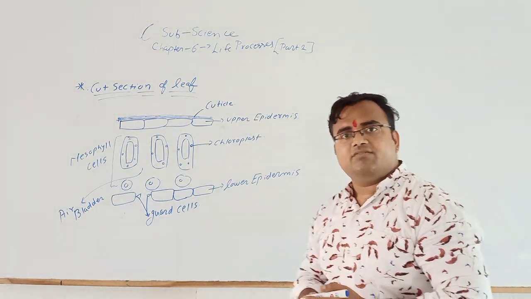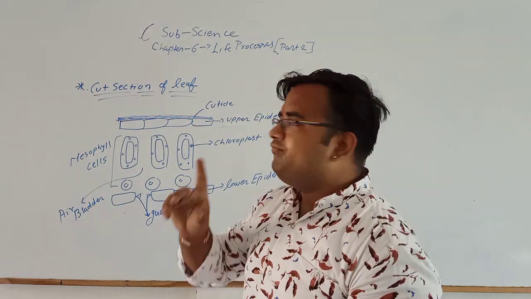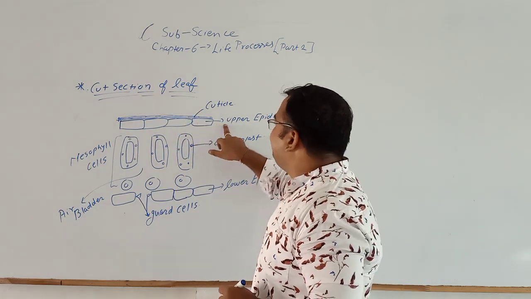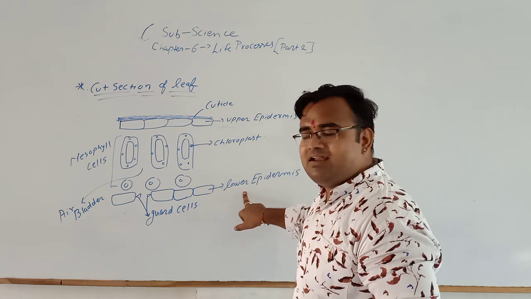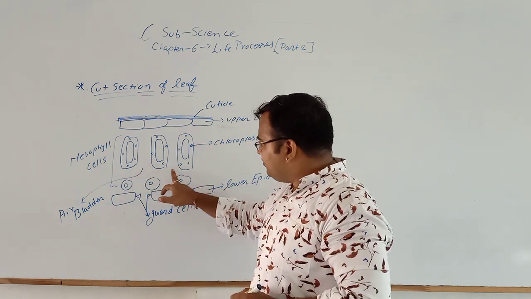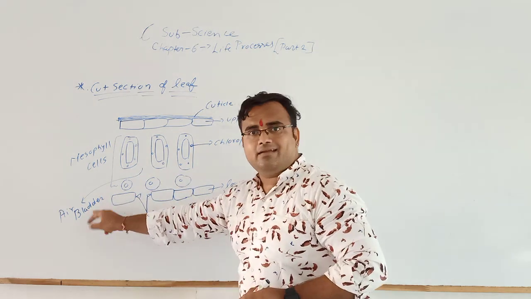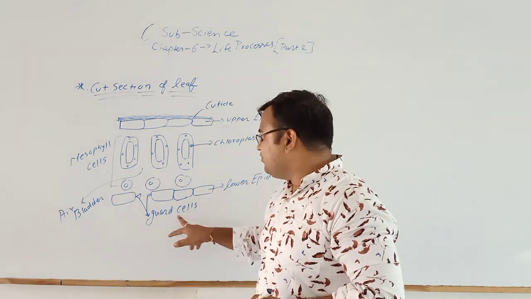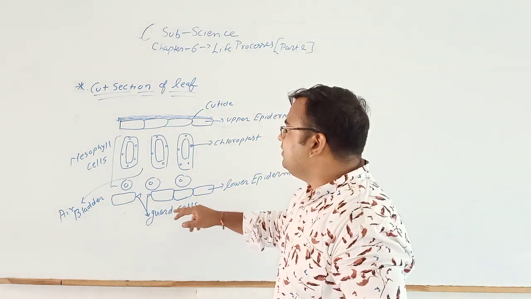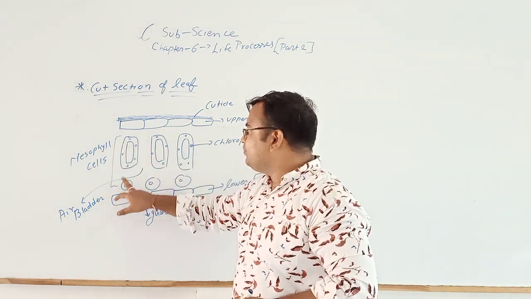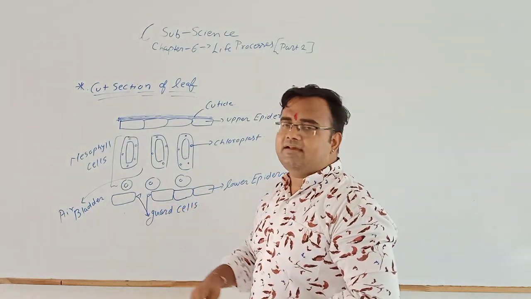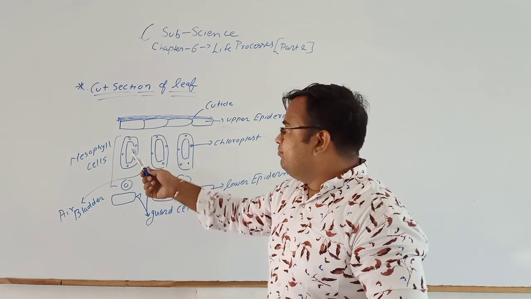So this is the diagram for the cut section of leaf. First cuticle, then upper epidermis, lower epidermis, mesophyll cells, air bladder. The gaps which are available are known as air bladder. These two cells are known as guard cells, and the vertical and cylindrical cells are known as mesophyll cells.